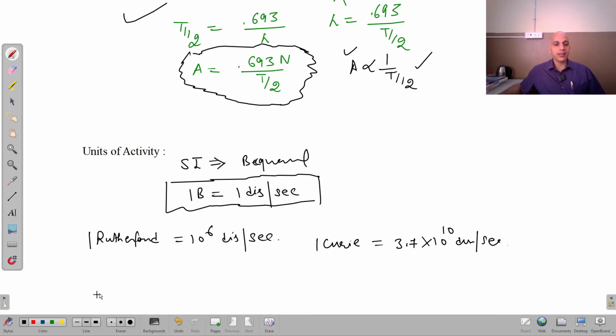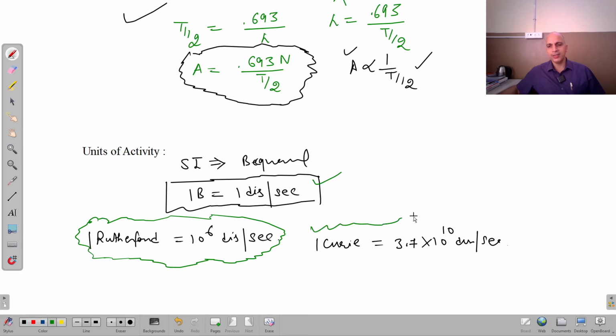These are the different units used for the measurement of activity of any radioactive substance. This is the standard unit, and these are two other units. Among these, the Curie is the largest unit, equal to 3.7 into 10 raised to power 10 disintegrations per second. The Rutherford is 10 raised to power 6, and the Becquerel is one disintegration per second.